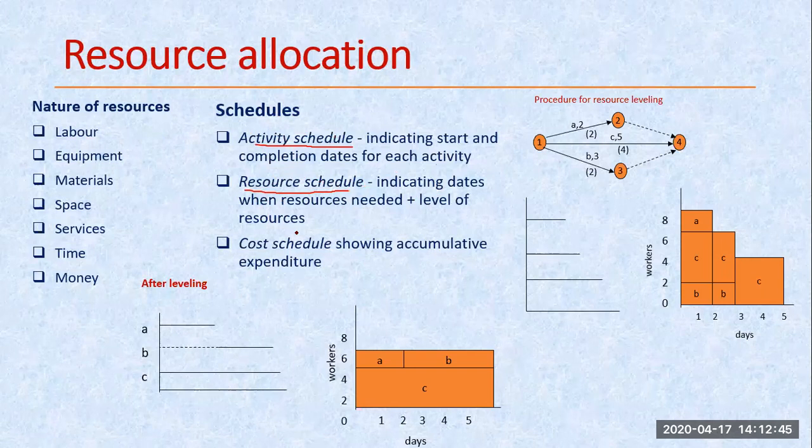Similarly, the cost schedule. As I told you, my cost is directly proportional to the resources utilized. Based on the resources that we are going to use on a particular day, this much cost we need. So these are the different types of schedule.